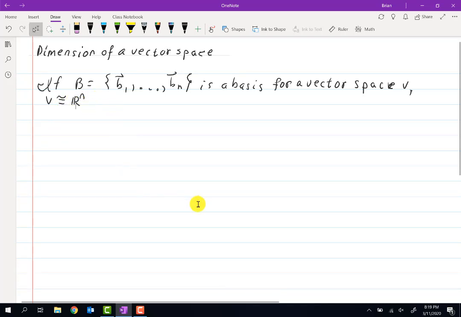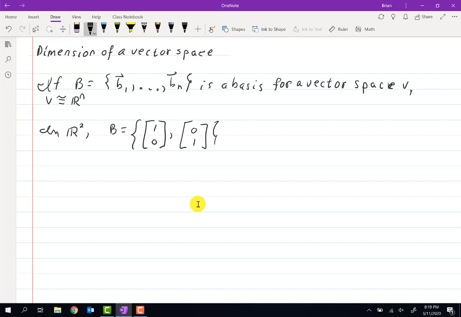Remember, in R squared, the standard basis looks like the following: 1, 0, and 0, 1. Now, in polynomials of degree less than or equal to 1, a standard basis is this: 1 comma t.